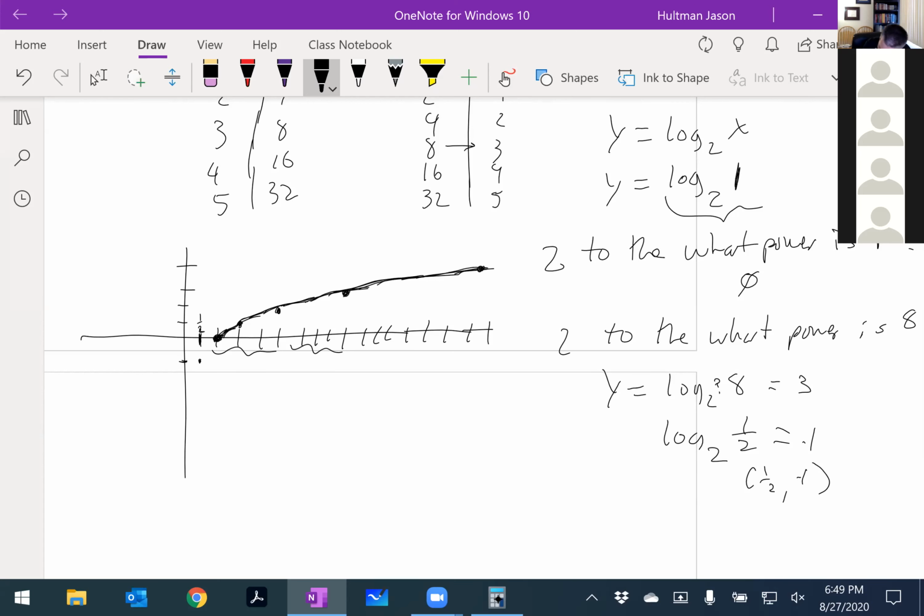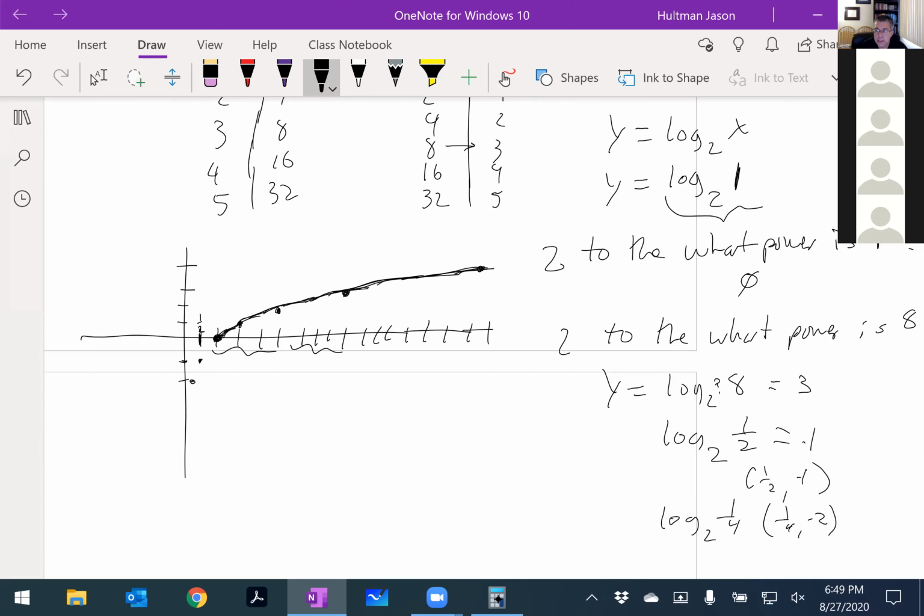What about log base 2 of 1/4? Isn't that going to be -2? So at 1/4, if we did -2, that's going to get, right? Am I ever going to be able to get to 0 in the x values?